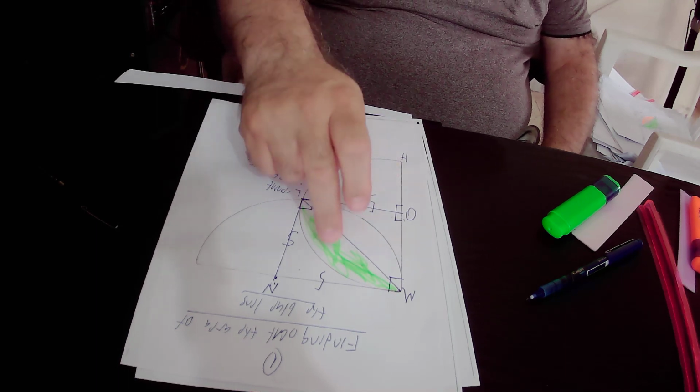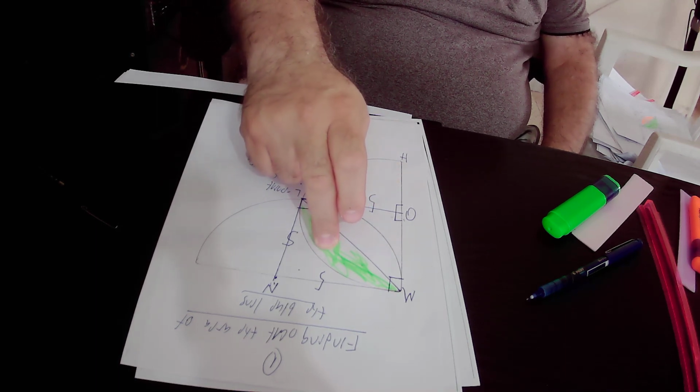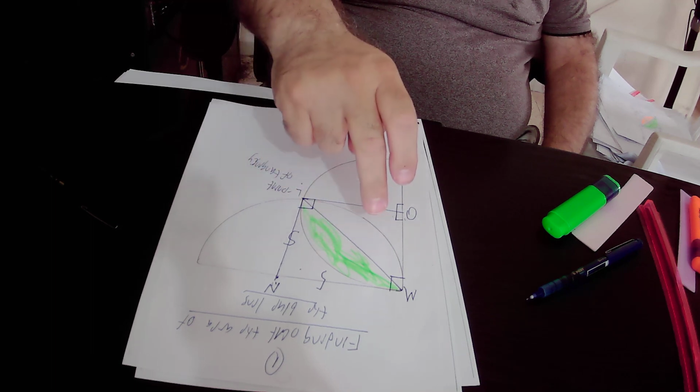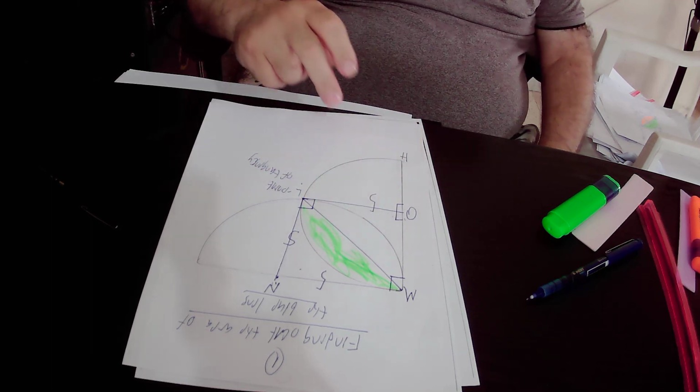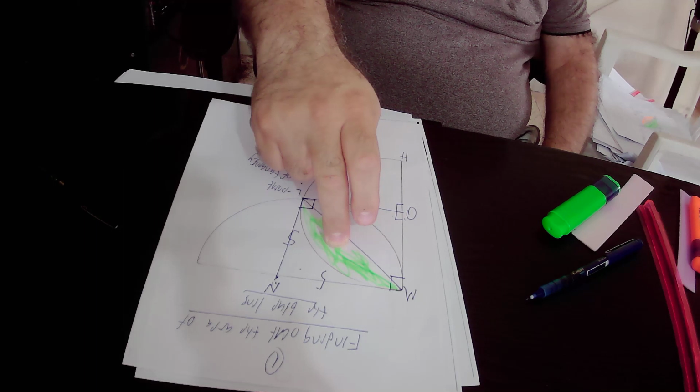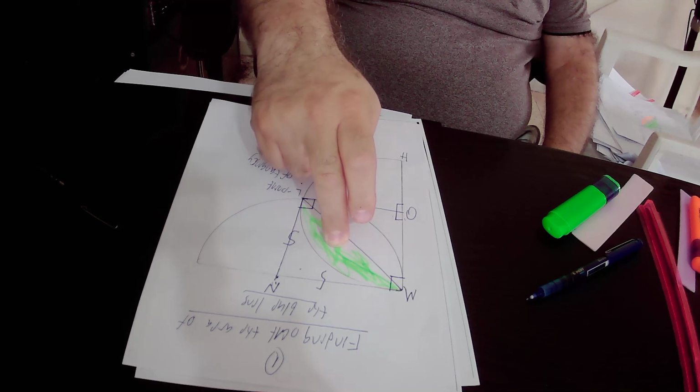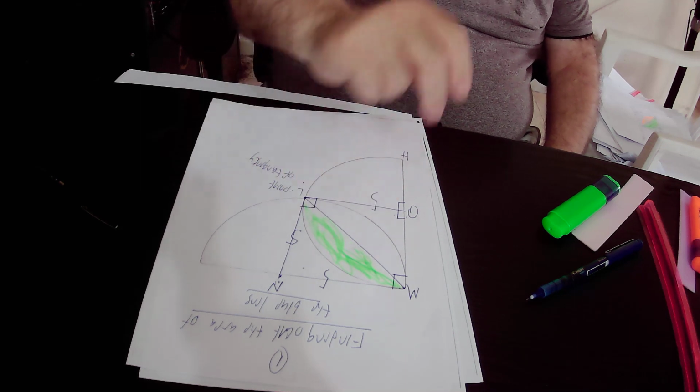That is to say, the area of this circular segment will be equal to the area of the lower circular segment. So if we multiply the area of this circular segment by 2, we'll get the area of this blue lens.